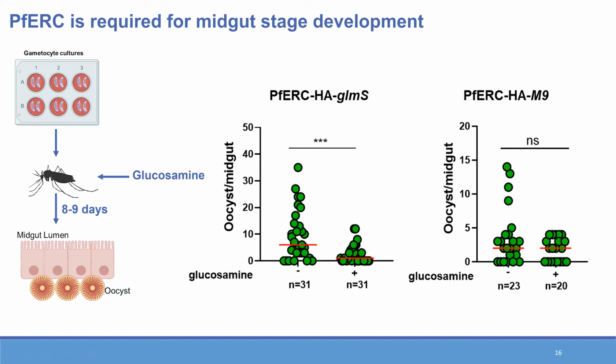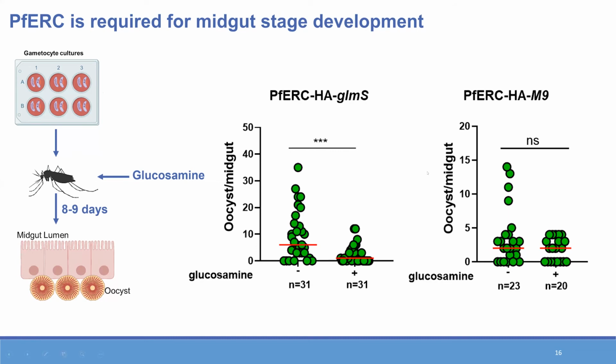Then we wanted to see if this protein was required for establishing an infection in the midgut. The first thing I'm showing here that we've tried is feeding mature gametocytes to the mosquito in a blood feeder containing glucosamine at 0.5 millimolar. Then at 8 to 9 days, we looked at oocyst numbers. Remarkably, we observed a significant decrease in oocyst numbers, about an 83.3% inhibition, in the ERK GLMS parasites when glucosamine is added to the feeder.